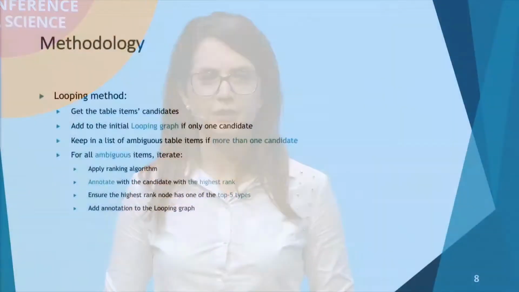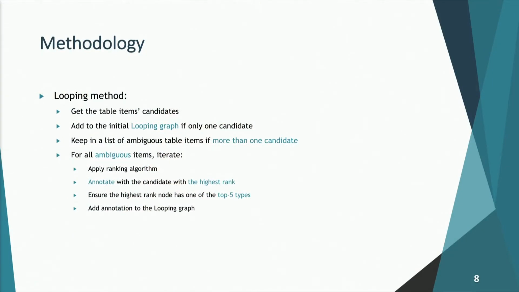As our second method, we propose a method we call the looping method. What we do here is that after extracting all the candidates and pre-processing, we look for the candidates in the surface form for all these entities. Then, having these entities, we generate our first looping graph. What is the looping graph?